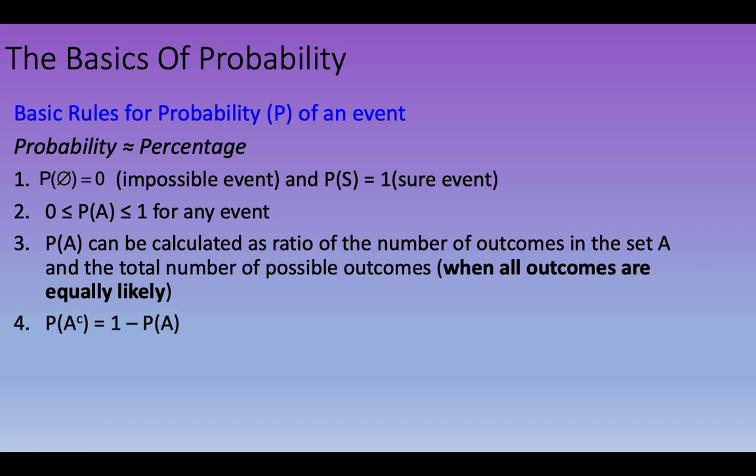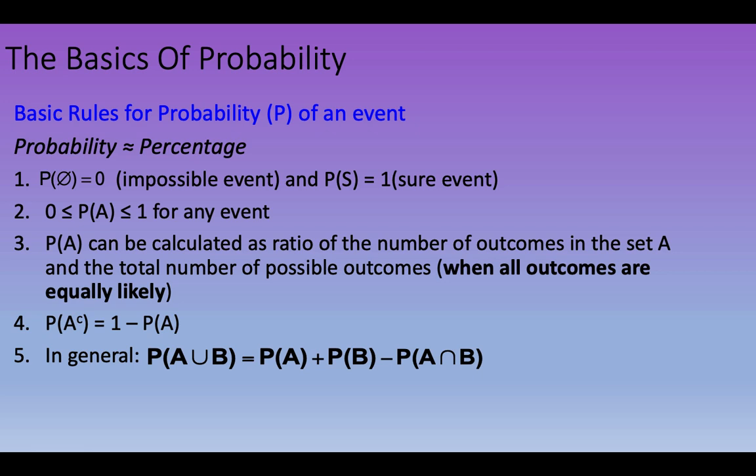That means that if I wanted to calculate the probability of the complement of A, I can just take that number divided by the total and subtract it from 1, and I can get the complement. So probability is always on a scale from 0 to 1, and represents some sort of total amount that's equal to 1. If I want to get everything that's left over, I can just subtract my probability from 1, and I can get the complement of that probability.